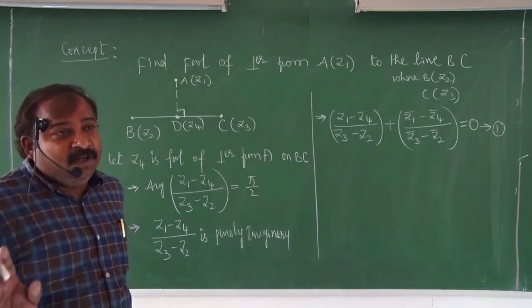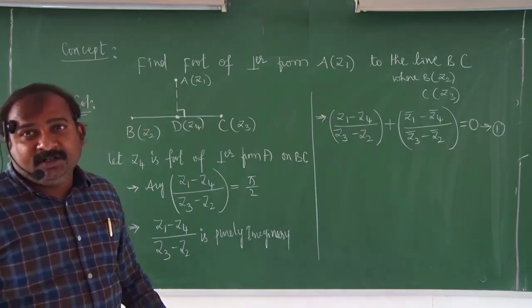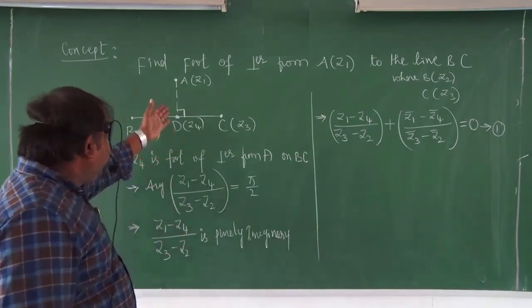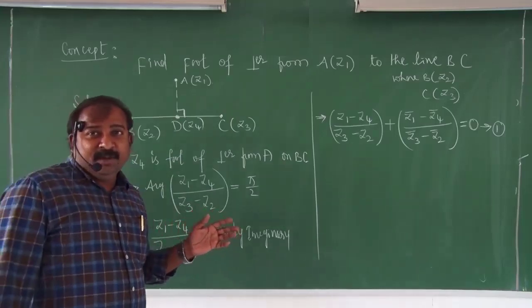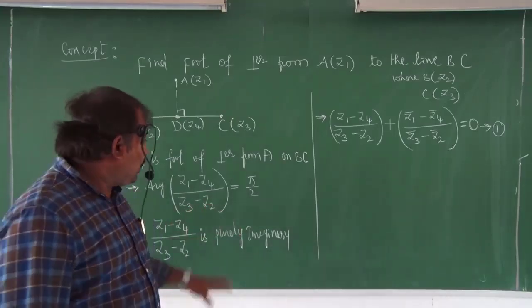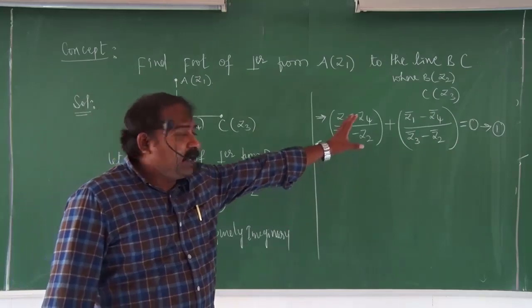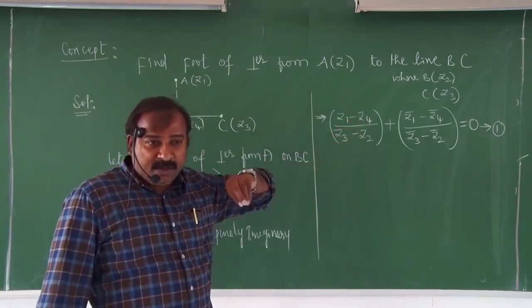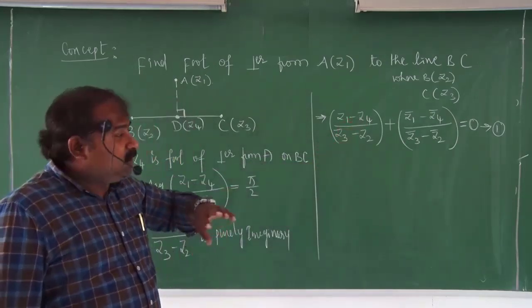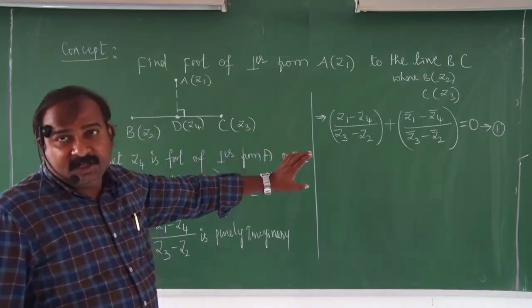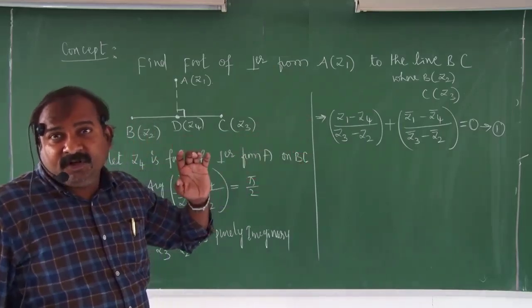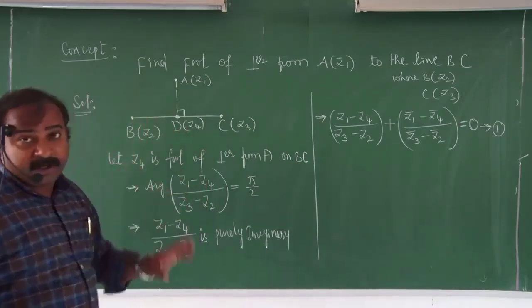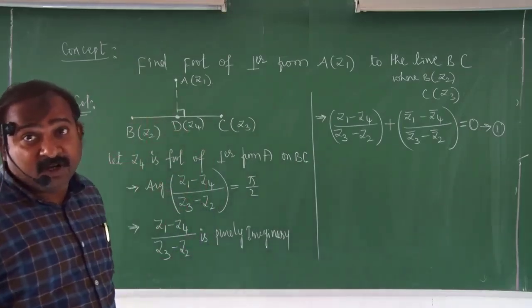I am giving only that particular condition. Here I have taken Z4 as the foot of the perpendicular, and by taking it I used this condition. Is it enough to fix the foot of the perpendicular or not? No.